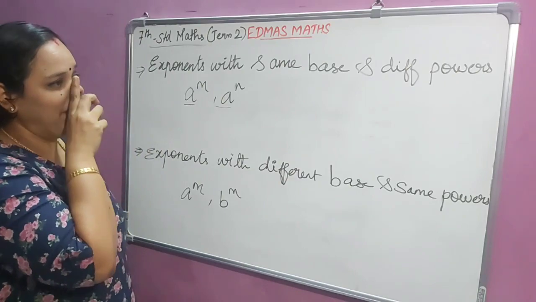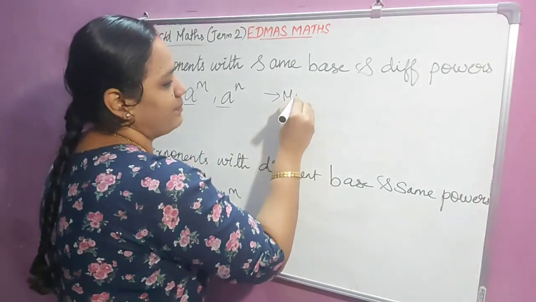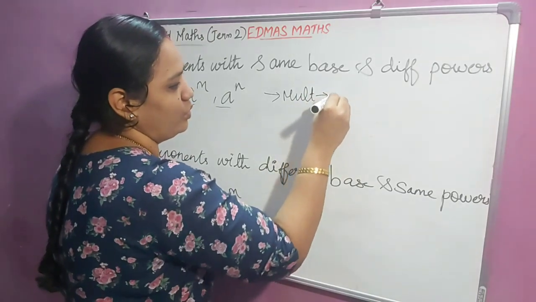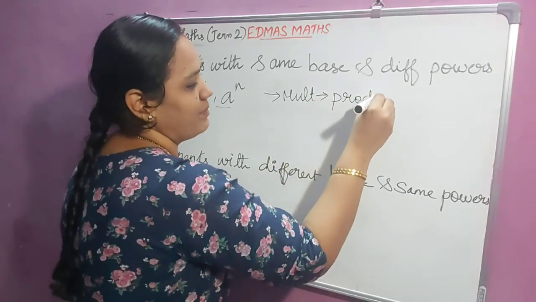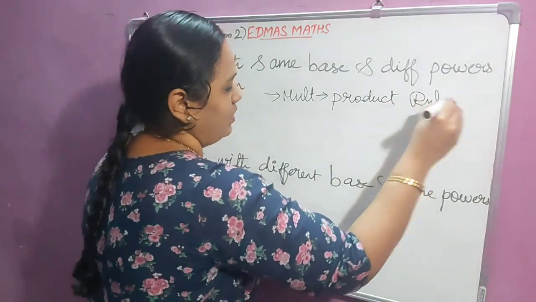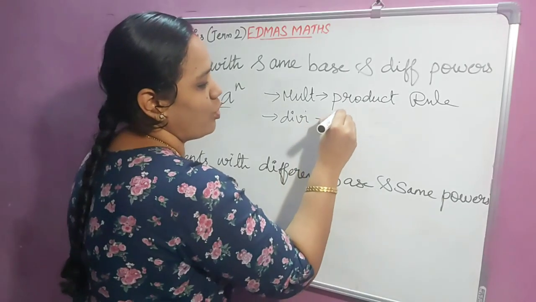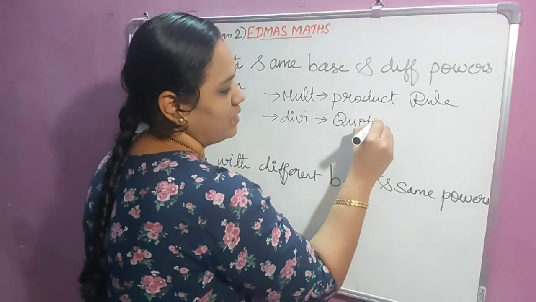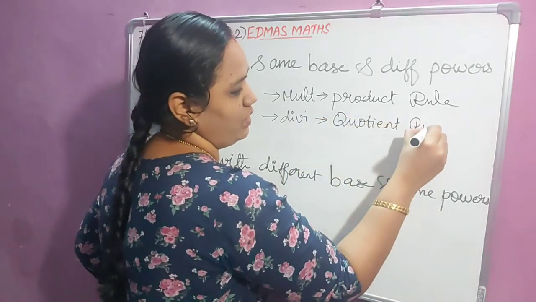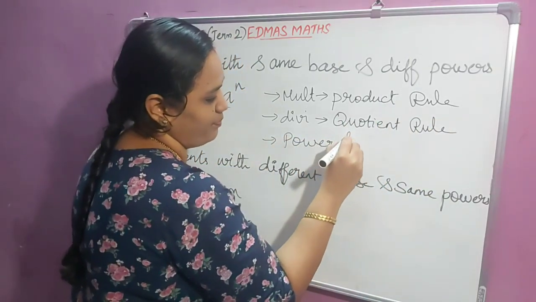If we have same base and different power, we have 3 rules. That is the multiplication rule, that is the product rule. Multiplication is nothing but product. So product rule. For division, quotient rule, and we have power rule.